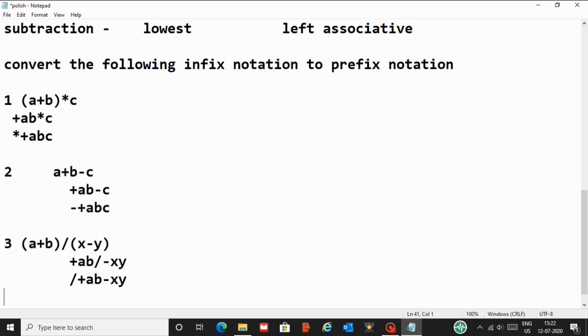So for division I haven't changed anything, and the prefix goes before. So divided by plus AB minus XY is the resultant prefix expression for the infix expression A plus B by X minus Y. Please pay attention.